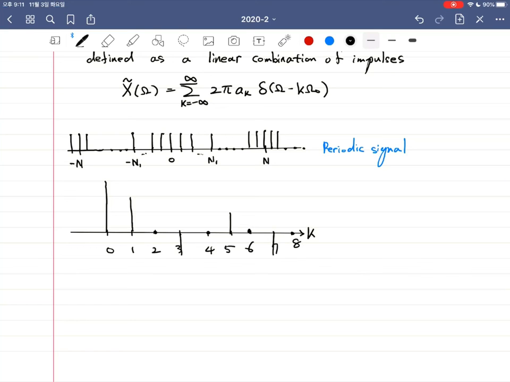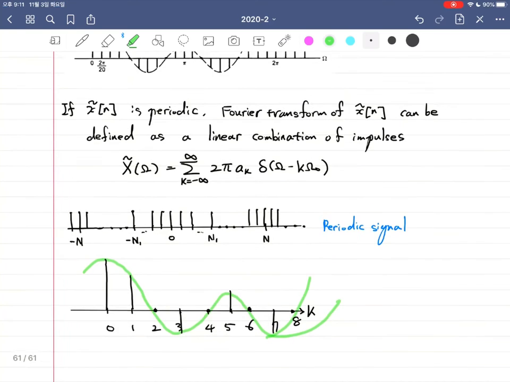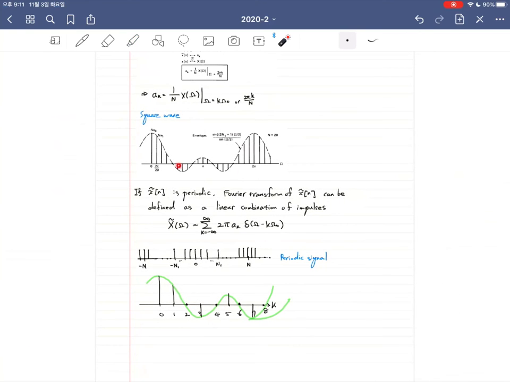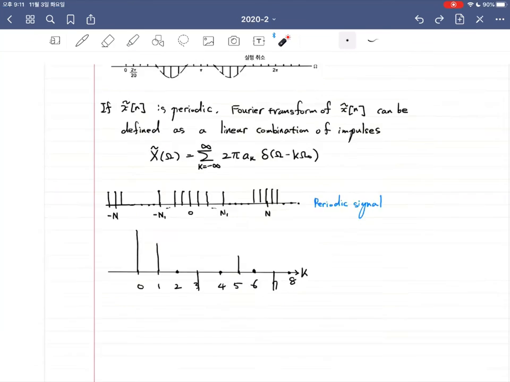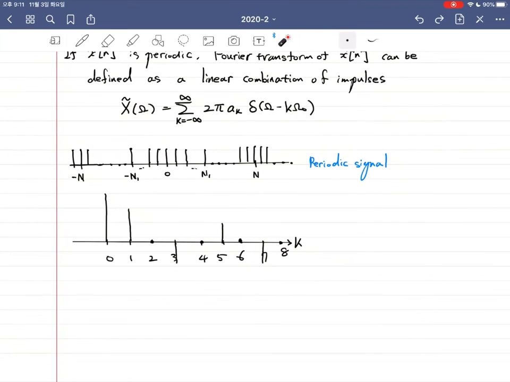It goes like this. I didn't draw the envelope that it always had. If you see this plot, we always had this envelope, but I will not draw the envelope for now. So this is the value for the Fourier series coefficients.